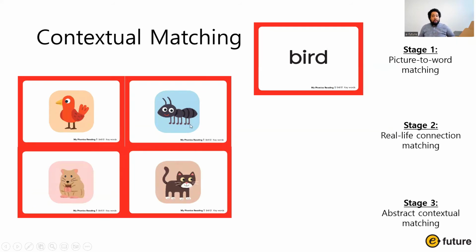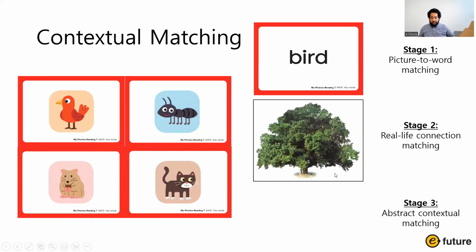In stage 2, you would do real life connection matching. So here I have a picture of a tree. What is the connection between tree and these words? Which words match together? Correct, it's bird. Why is it bird? Exactly. So it's bird because birds live in trees.